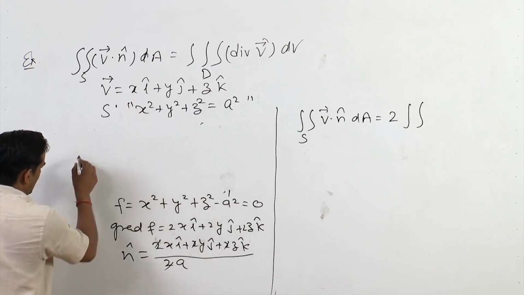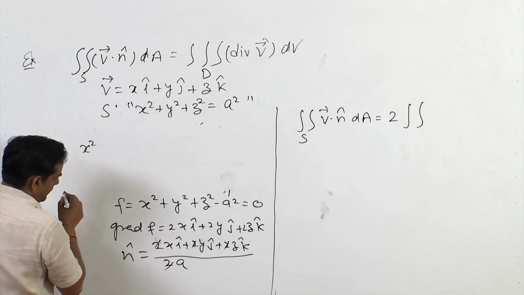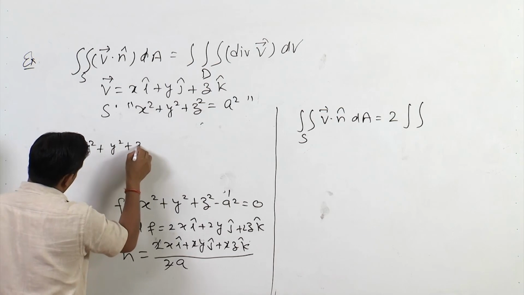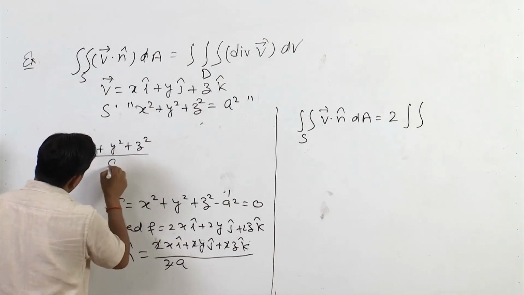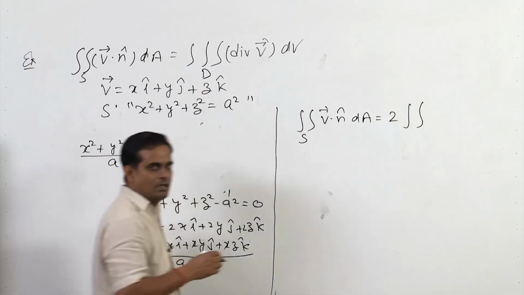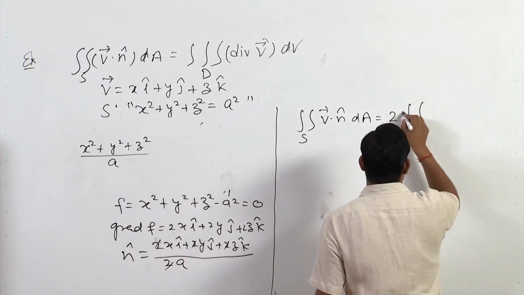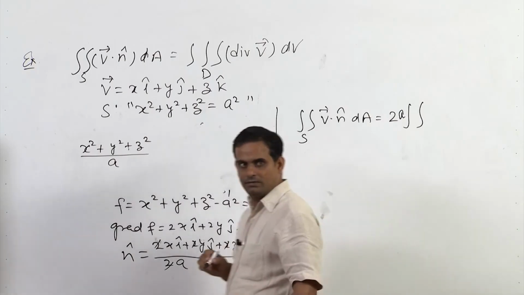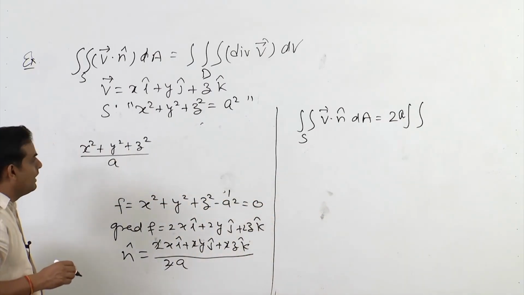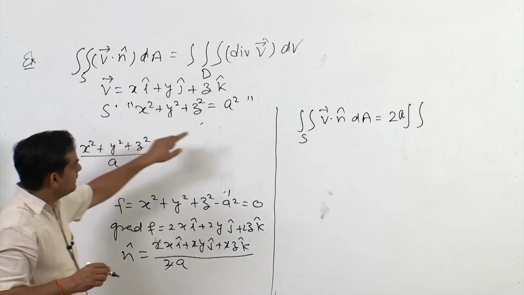So V dot n will become x square plus y square plus z square upon a. This is a square, so a square upon a comes out to be a. So I will take this a out, and then I need to write this dA.